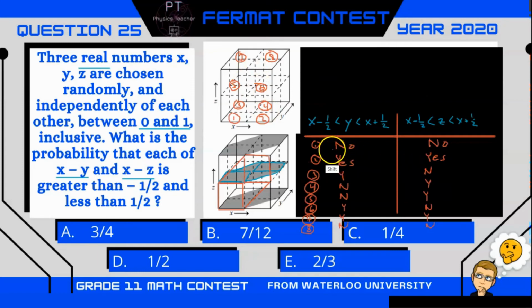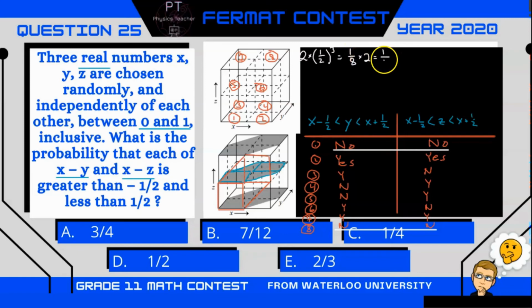Alright, so we have 2 cubes here and here, numbers 1 and 8, that are not sliced at all. If they're not sliced at all, their entire volume contributes to the volume of our enclosed region. That volume would be 1/2 cubed, since their dimensions are 1/2 by 1/2 by 1/2, which is a total of 1/8. And we have 2 of these, so 2 times 1/8 would be 2/8 or 1/4.